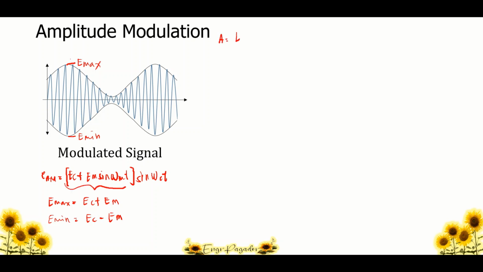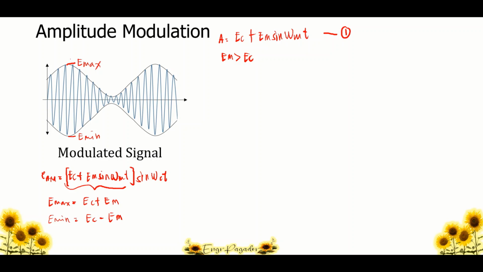So, let us write it here: EC plus EM sine omega mt. Let us denote this as our equation 1. Now, if EM is greater than EC, distortion would occur.